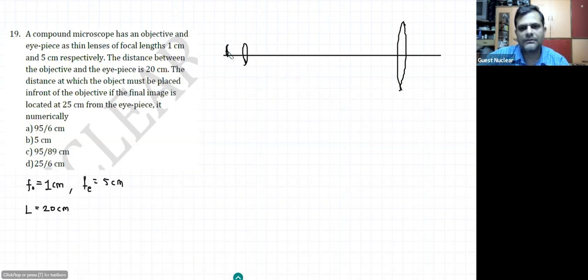So this is the object whose image is formed by this objective at this point somewhere here. This is the image formed by the objective. And the final image is going to form further behind. You can just continue this line.